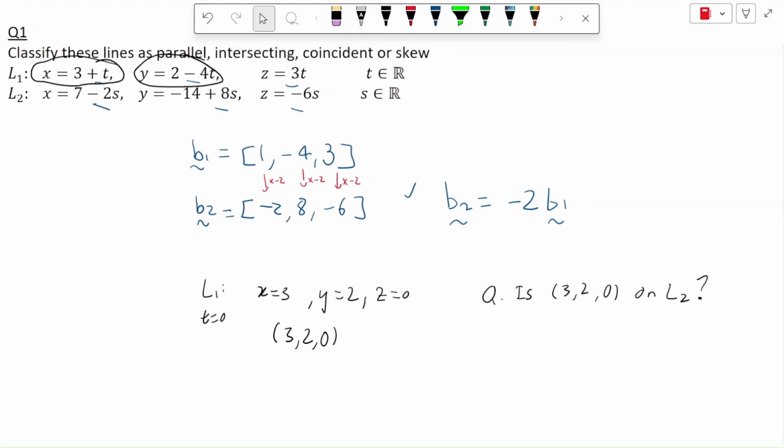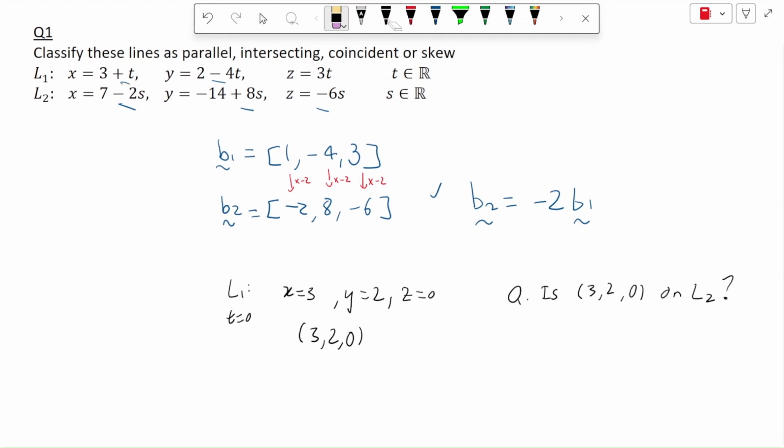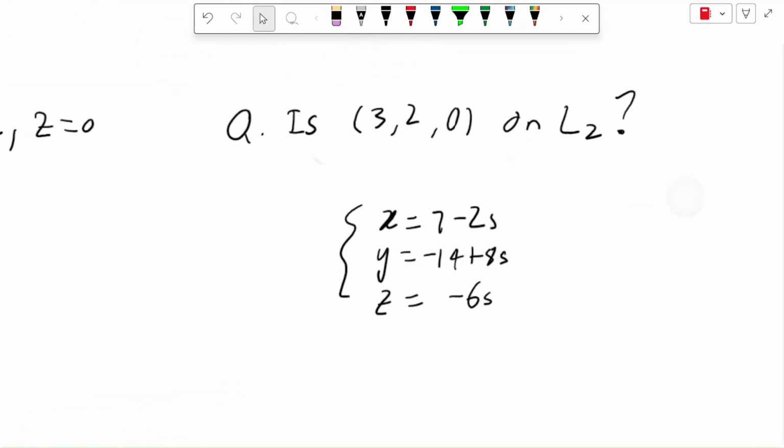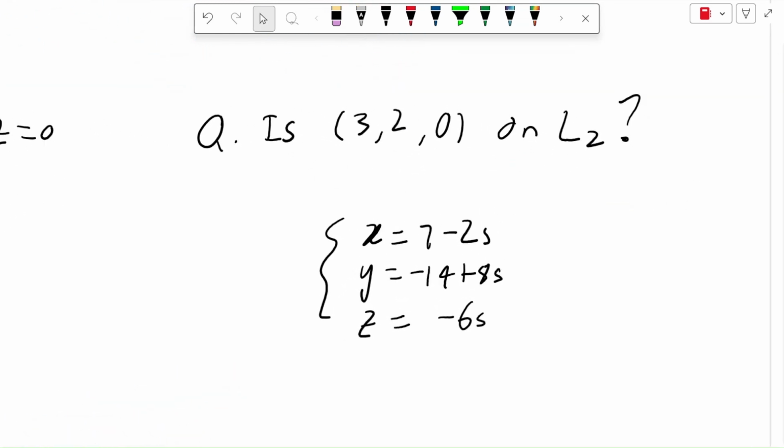That's the question. So line 2, we've got x is 7 take 2s, y is minus 14 plus 8s, and z is minus 6s. So if we want 3, 2, 0 to be on the line, I would need s to be, no, I lied, s is 2 to make that happen, because you would get 7 take 4, which is 3.